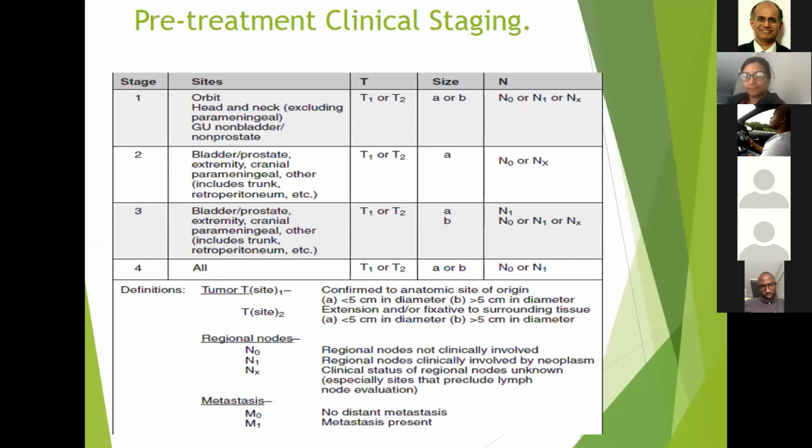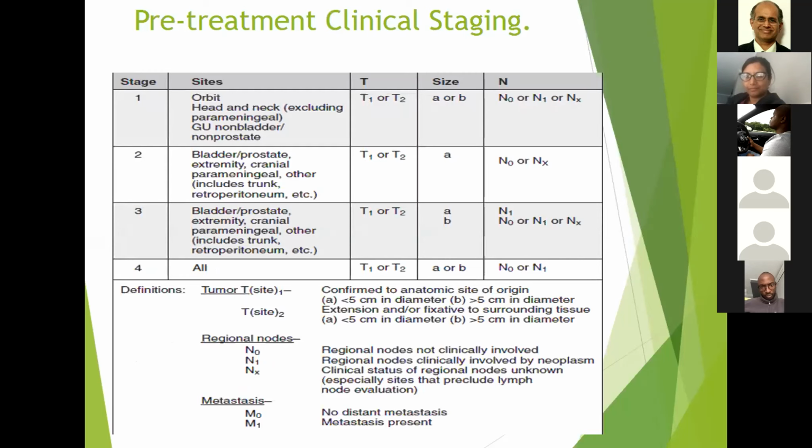Okay, so now we're looking at the preclinical staging. So this preclinical staging starts from stage 1 to stage 4. So it's based mostly on the site of the tumor.